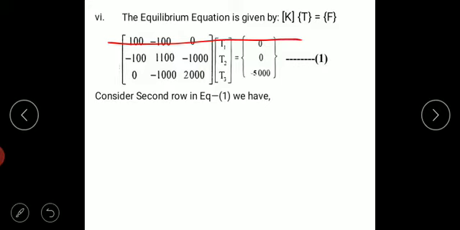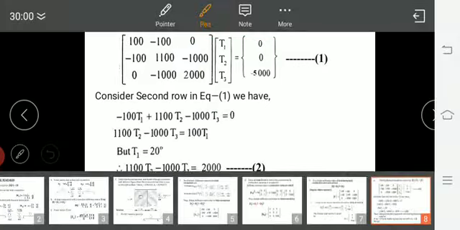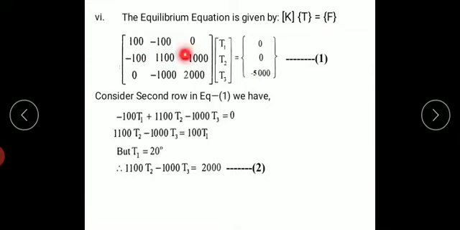Now if I consider the second row, what will I get here? Minus 1000 into T1, plus 1100 into T2, minus 100 into T3 is equal to 0. So here the T1 value I am going to put, it is 20 degrees Celsius. Now total I got 1100 T2 minus 1000 T3 is equal to 20000. Means in equation 2, this 1100 and minus 1000 is not going to change, except in the force vector this 20000 is going to add.